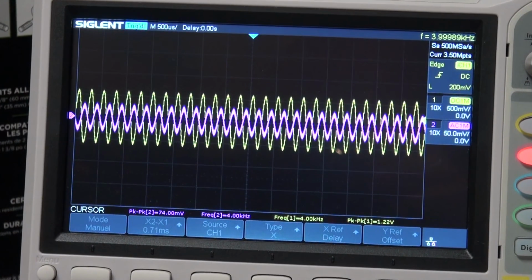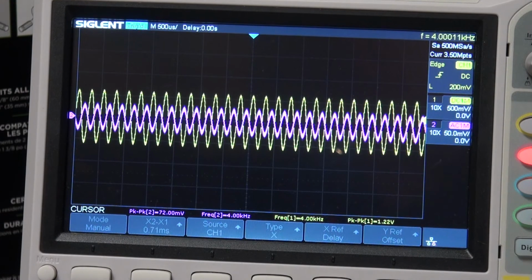The purple trace is the input, the yellow trace is the output, pin 1 of the TL074. If I take my calculator and work out the gain in decibels, which is 20 log base 10 of 1.22 divided by 0.05 volts, 50 millivolts, I get a gain of 27.7 dB.